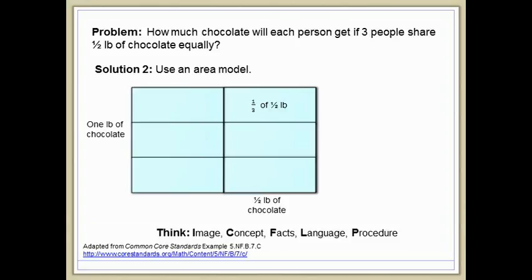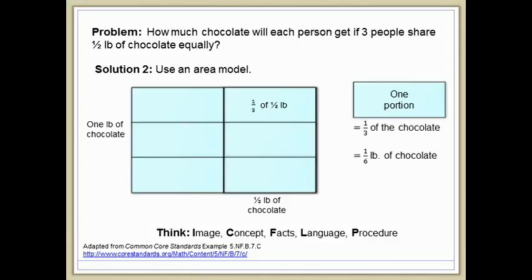There are 6 equal parts to the pound, and therefore one portion is 1/6 of a pound of chocolate, which is your ultimate answer.